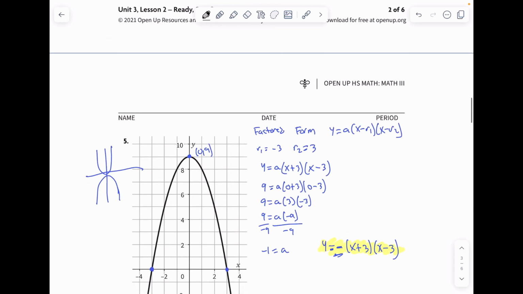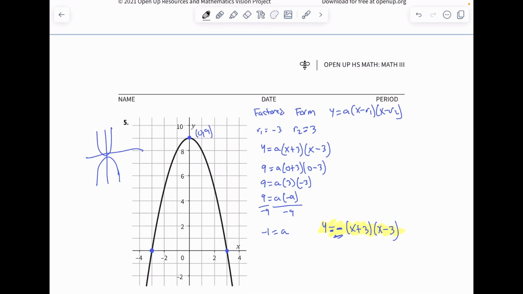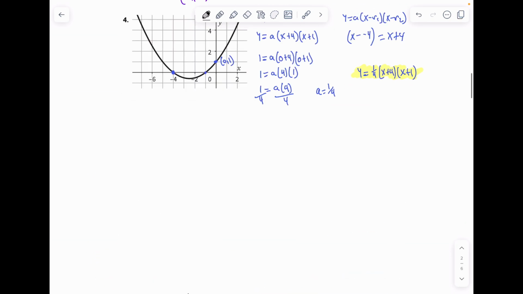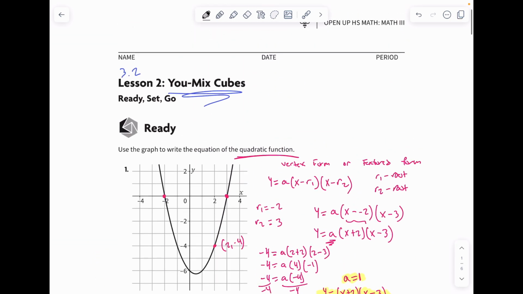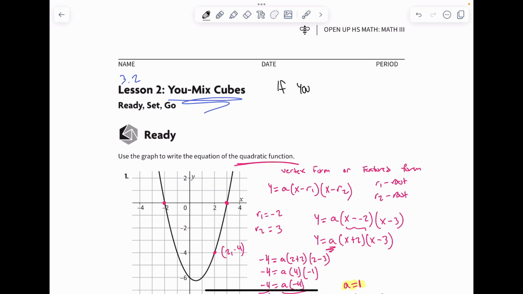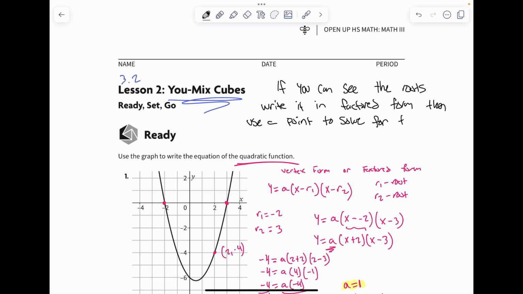Okay, so again, if I give you the solutions of the roots, if you can clearly see the roots, write it in factored form, then use a point to solve for the leading coefficient.